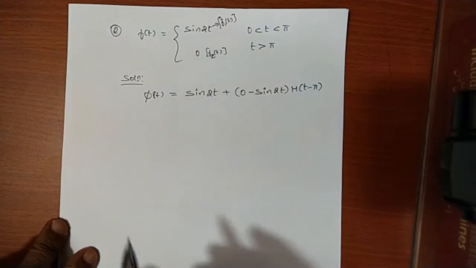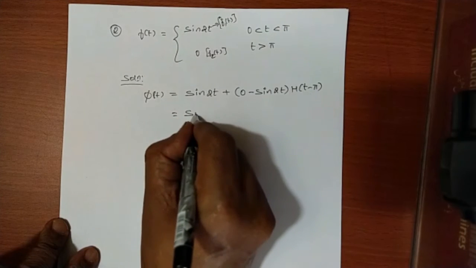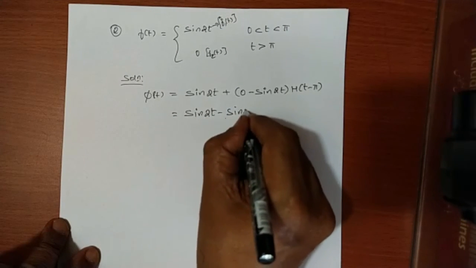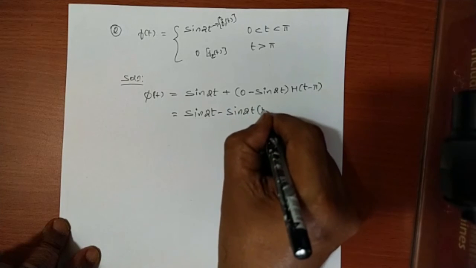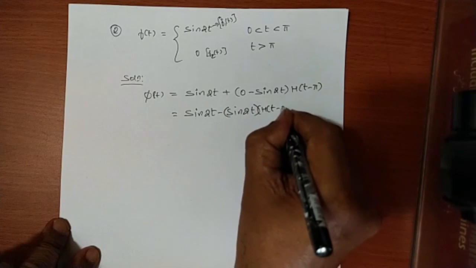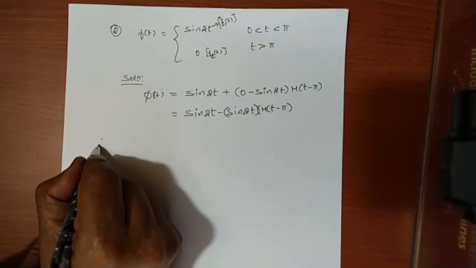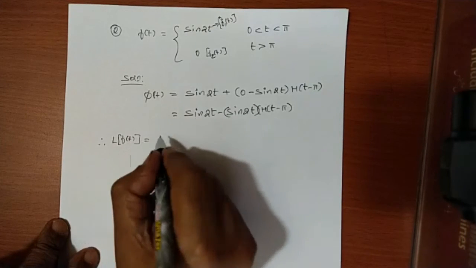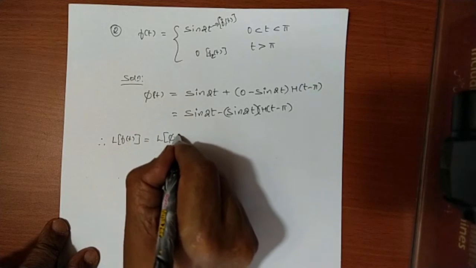Right. So this is equal to sine 2t minus sine 2t into h of t minus pi. Therefore, L of ft will be equal to L of phi t.